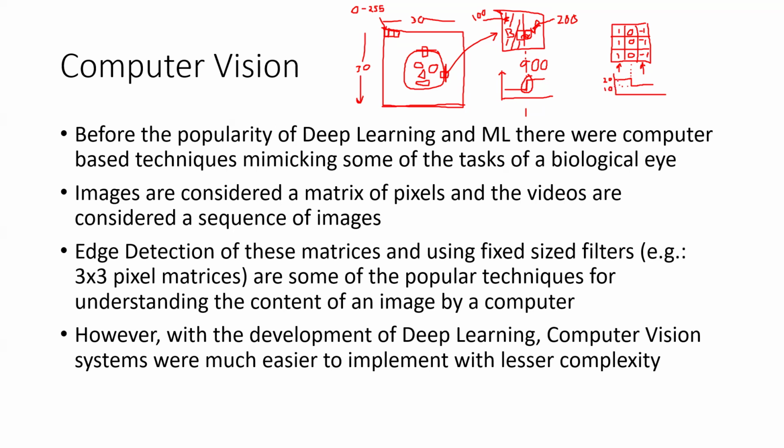Once you apply this kind of 3 by 3 filter to a region like this, where the intensity drop would be from 20 to 10, the 9 pixels that you cover with this filter would be like 20, 20, 20 in this region, and when it drops, 10, 10, 10.